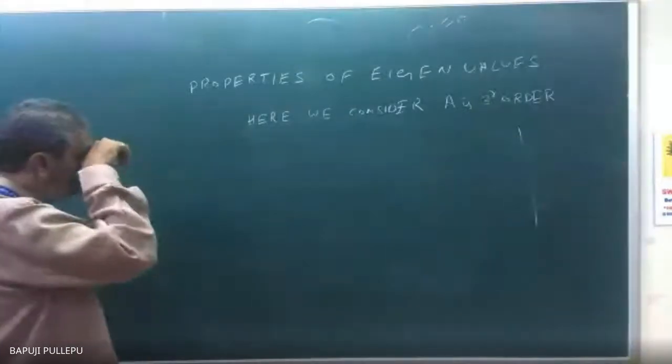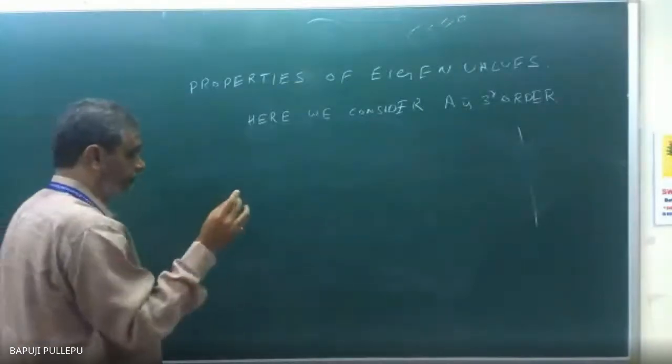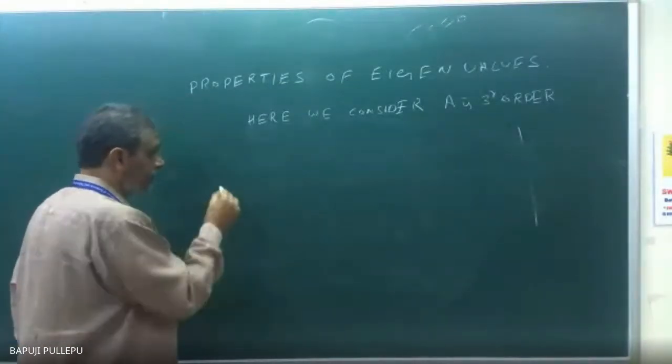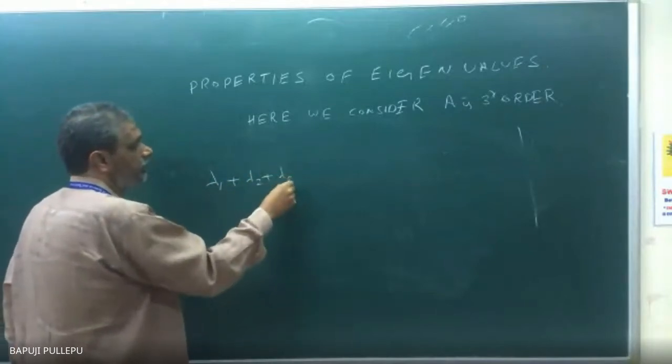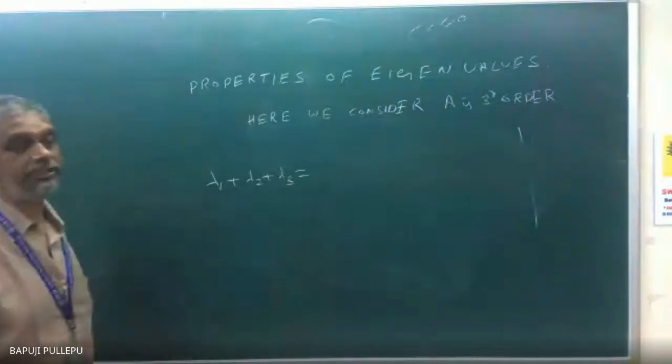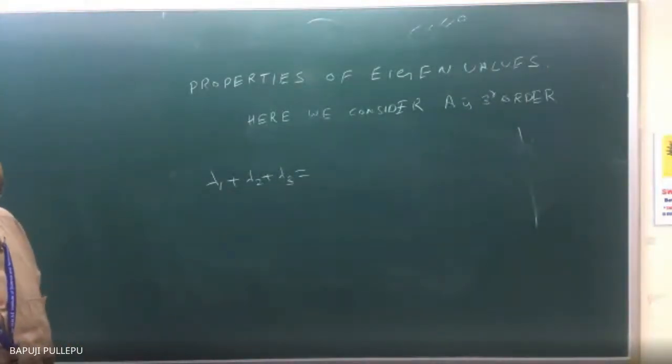Now, suppose A is of third order. Sum of the eigenvalues will give the trace, the sum of the diagonal elements. Trace, I already told you.